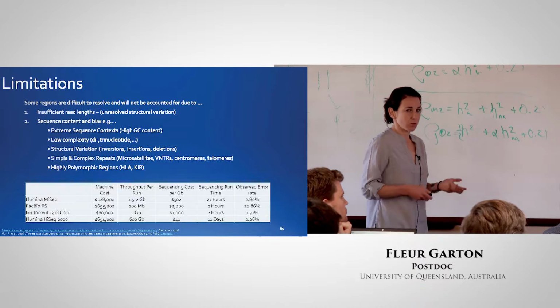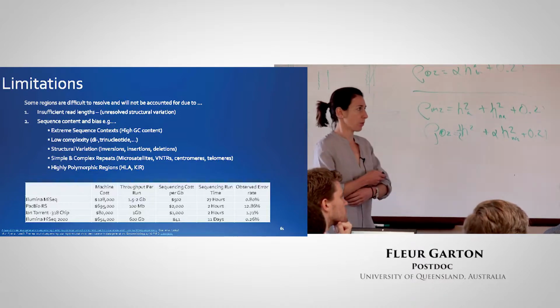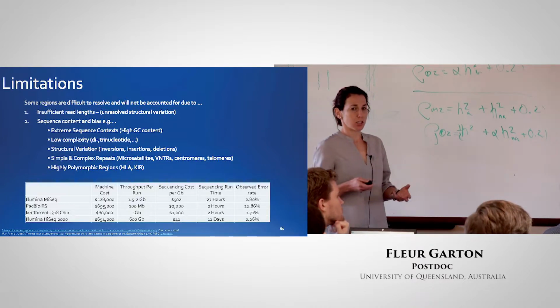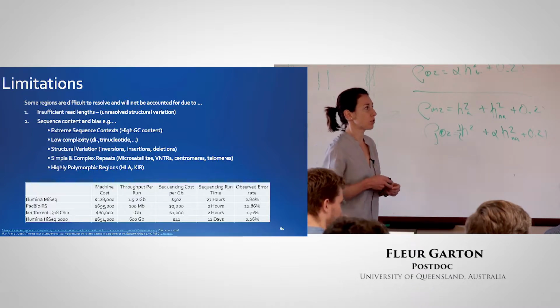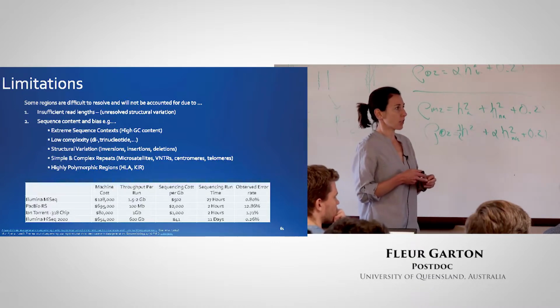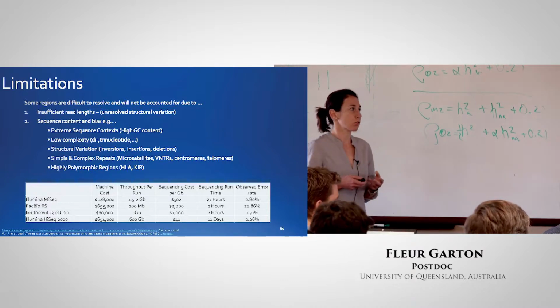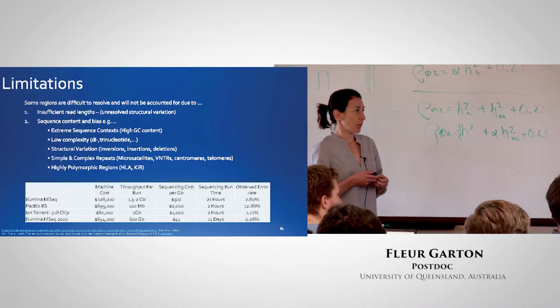So there's limitations to a lot of these sequencing approaches. Some regions in the genome are difficult to resolve and will not be accounted for due to insufficient read lengths, and you might get unresolved structural variation.